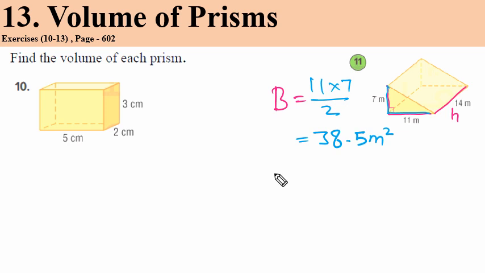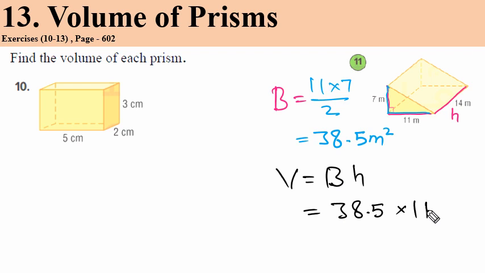Now what is the volume formula? The volume formula is same. Volume is equal to base area multiply height. So the base area in this one is a triangle area. So the triangle is 38.5 multiply with height is 14.